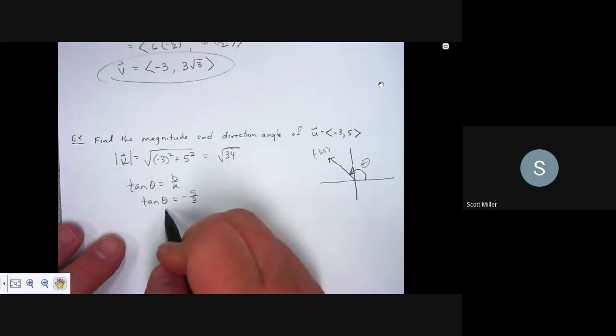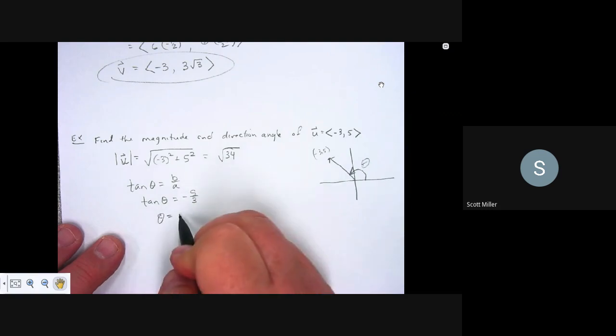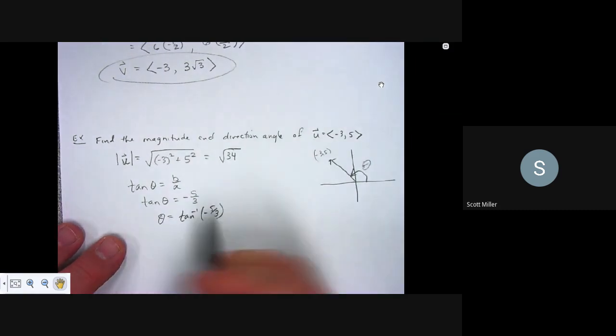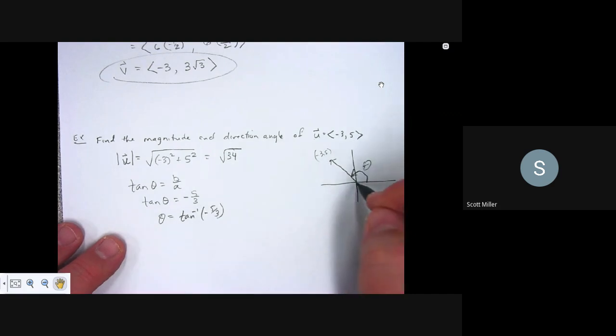When I take the inverse tangent of -5/3, remember from the definition of inverse tangent, this is going to give me a negative angle in quadrant 4. It's going to give me this angle down here. I don't want that angle. I want the one in quadrant 2, but we know that it's halfway across the circle from it.